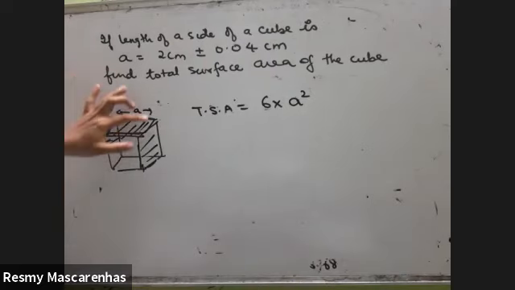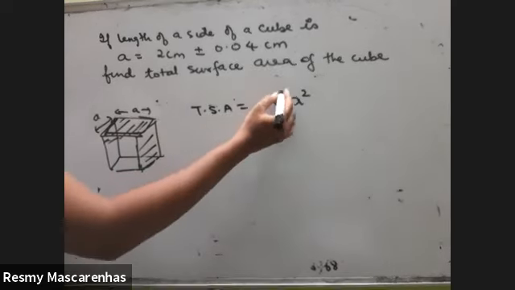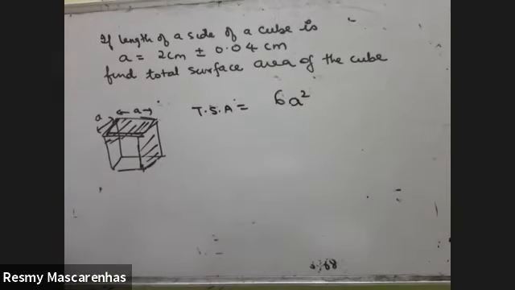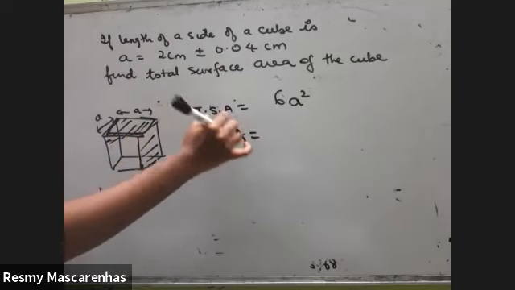One face is A square. So there are total 6 faces. So 6 times A square, 6A square, is the formula for your cube. So you can use the normal capital A for total surface area.